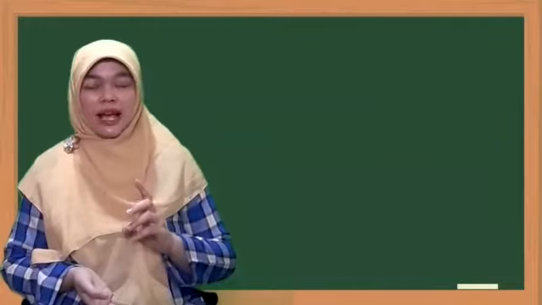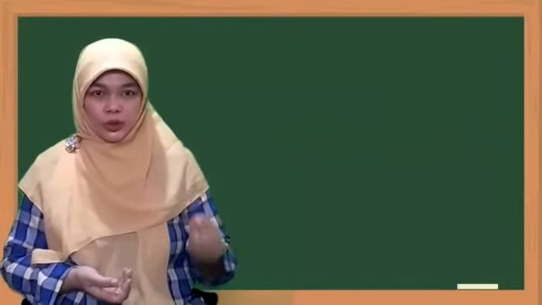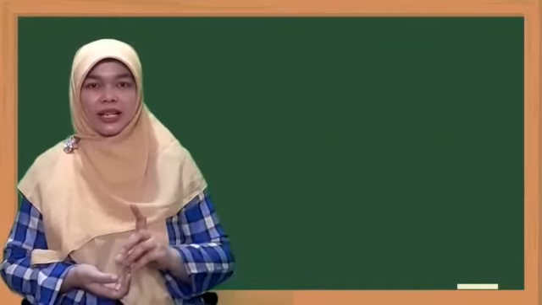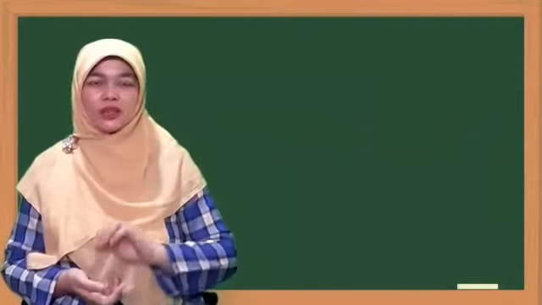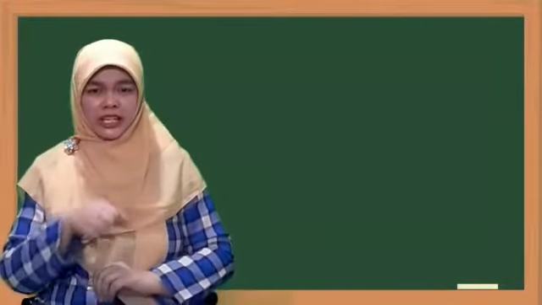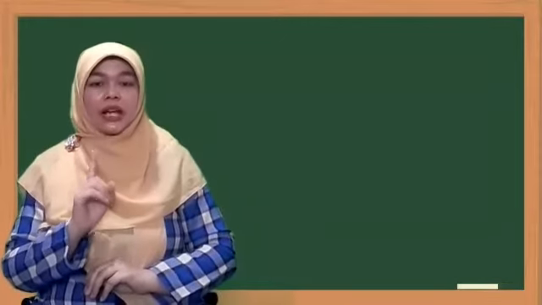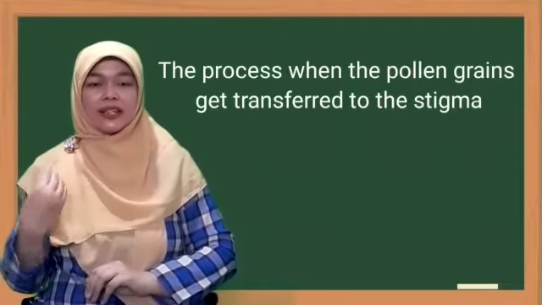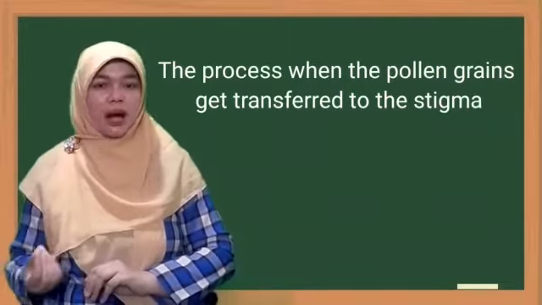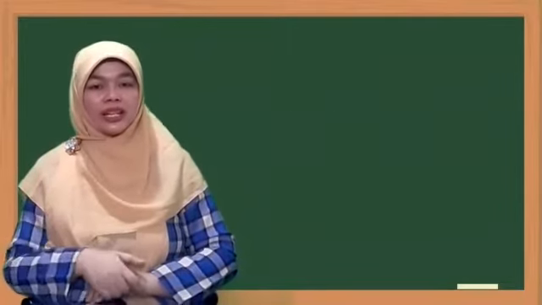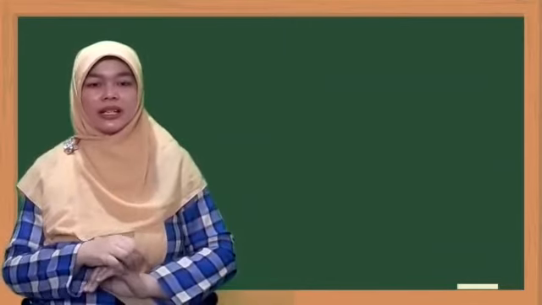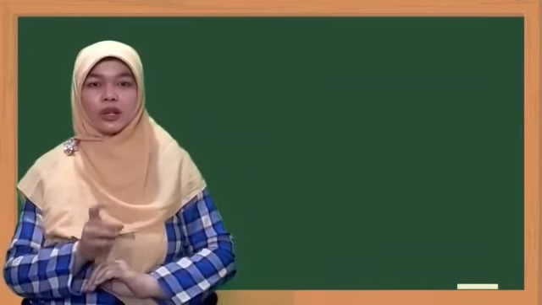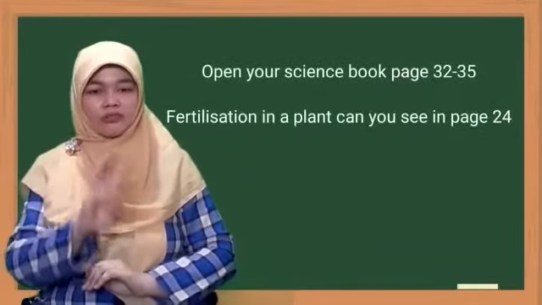Penyerbukan adalah jatuhnya serbuk sari atau pollen ke atas kepala putik atau stigma. In English, when the pollen grain get transferred to the stigma is called pollination. The material of pollination can you see at your science book, page 32.